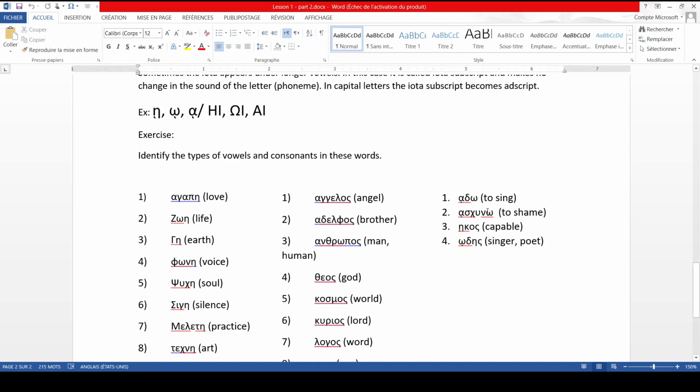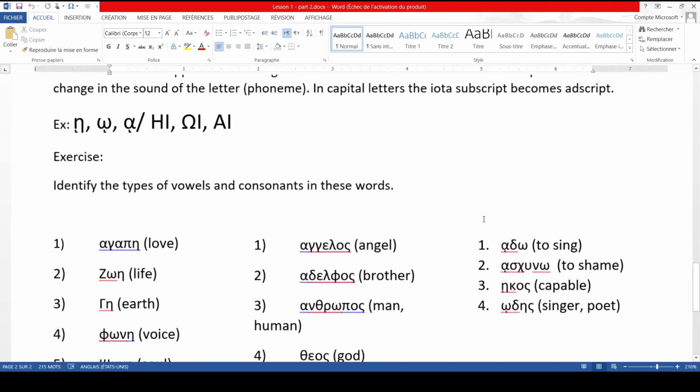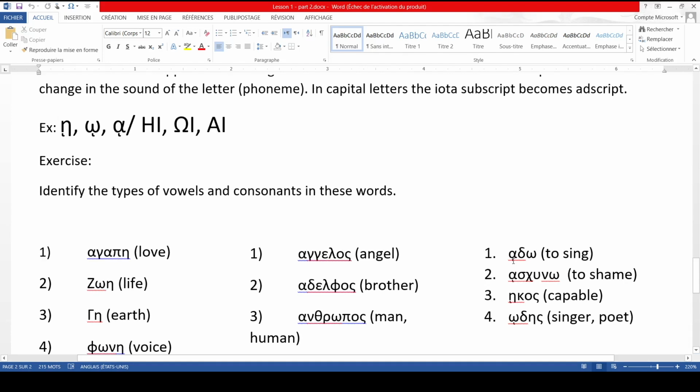Now we have these verbs, like to sing, that is ado. Here it's very interesting because we have an actual example of a word with iota subscript. As you can see, I'm trying to zoom in. So ado, alpha is still a vowel, a short vowel.